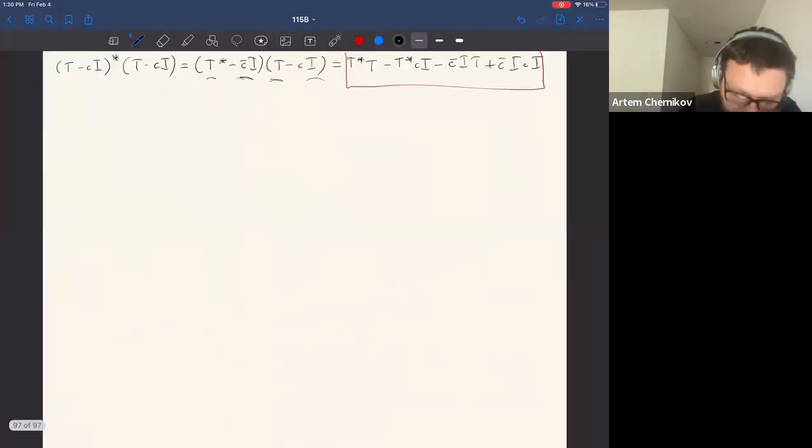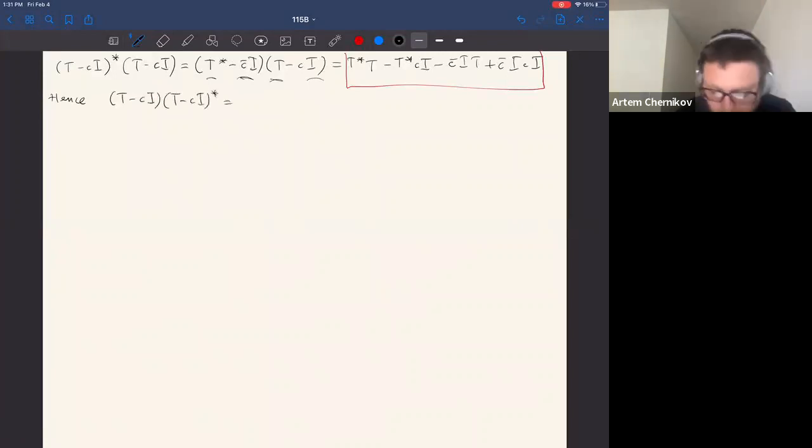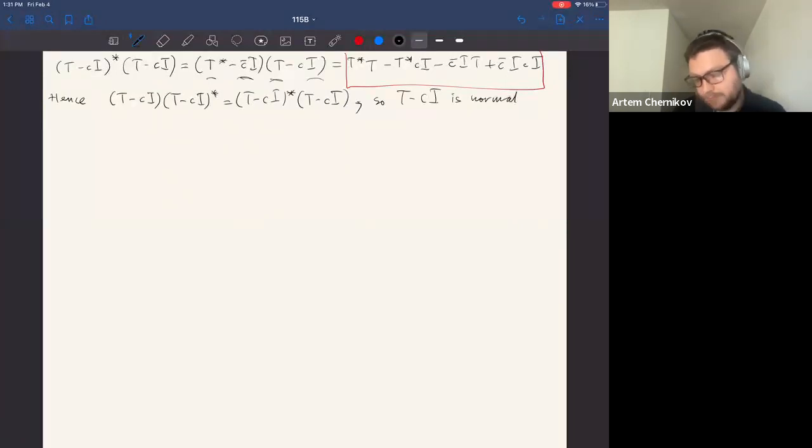And so what we get is that (t - ci) times (t - ci)* is equal to (t - ci)* times (t - ci). So the conclusion is that the linear operator t - ci is normal, as promised. So this proves B.